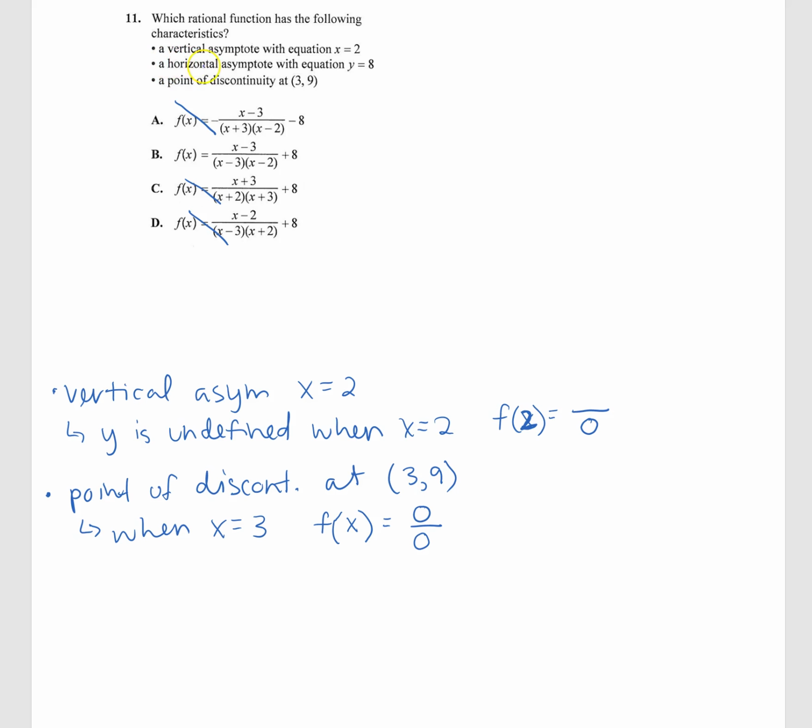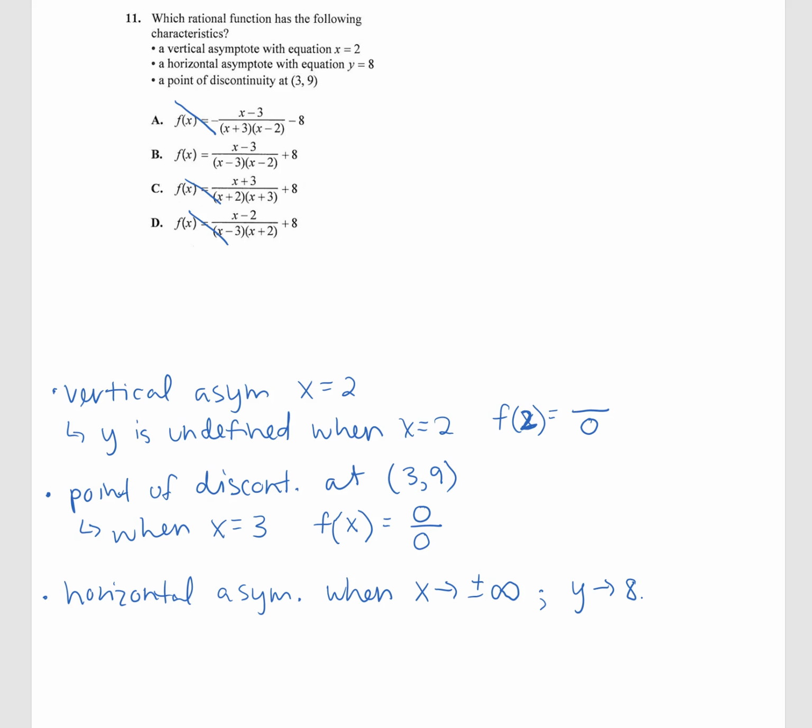So we want to see if B has a horizontal asymptote with equation y equals 8. So this characteristic, horizontal asymptote with equation y equals 8, means that when x approaches positive or negative infinity, y approaches 8, because it never quite meets the line.